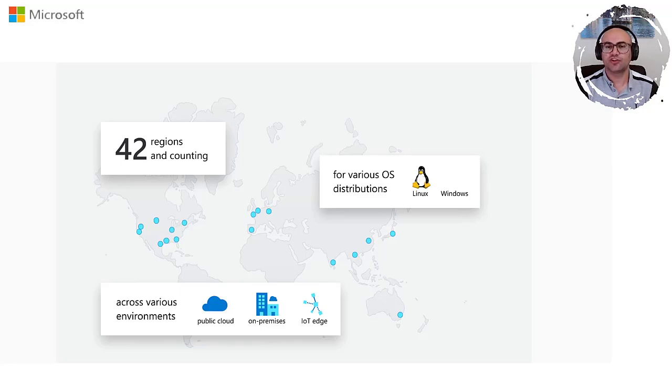Whether you want to move your .NET applications to Windows Server containers, or modernize your Java applications in Linux containers, or run microservices applications in a public cloud, at the edge, or in hybrid environments when you have hybrid connectivity with your on-premises environment, all of that is there for you using this amazing service.